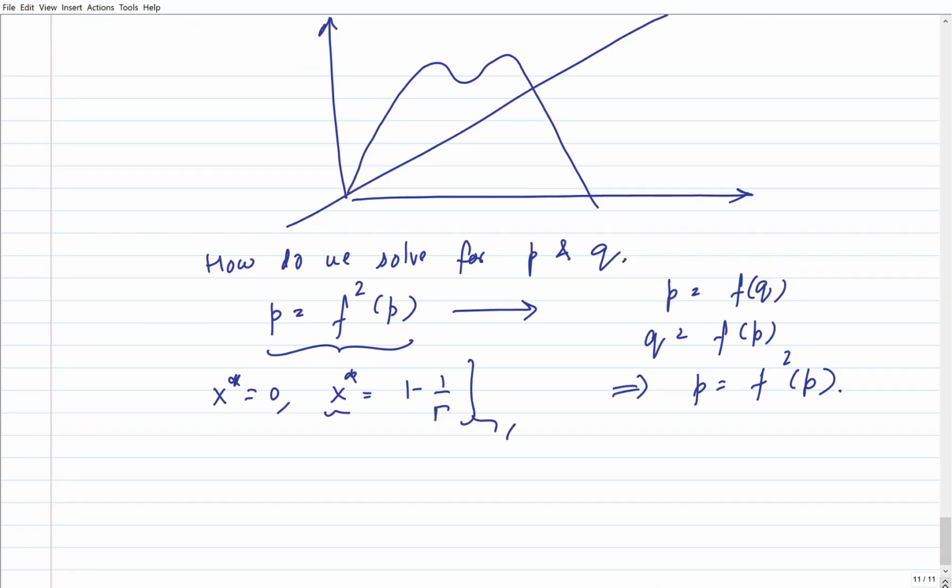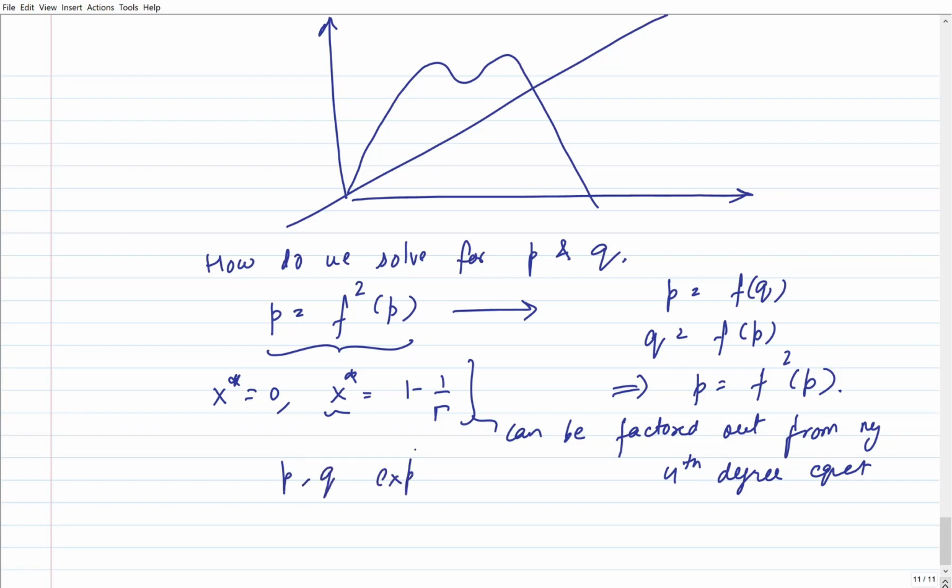These guys can be factored out from my fourth degree equation, and I can find p and q explicitly. After that, it's a quadratic equation, and of course, once I have p and q explicitly, I can also find the condition when do these guys get unstable.